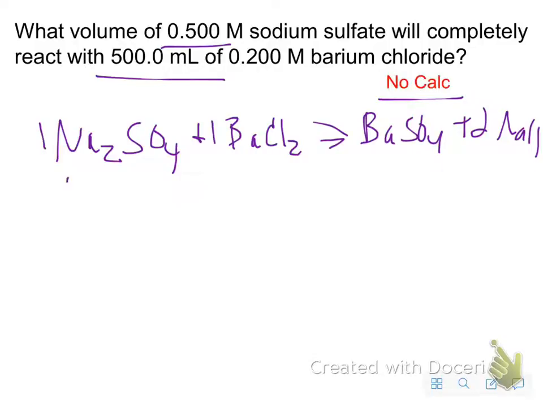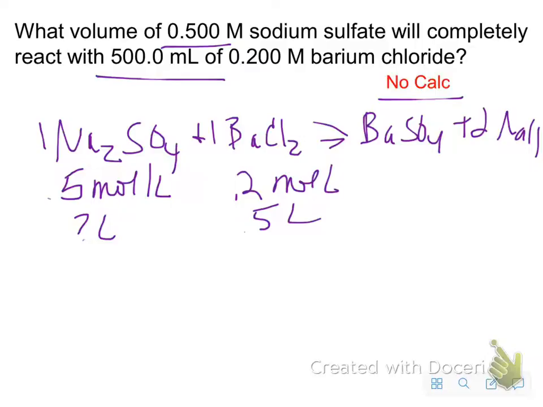So I'm just going to write I have 0.5 moles per liter, and I'm trying to find liters, right? And here I have 0.2 moles per liter, and I have 0.5 liters. Okay? So, if you remember, moles is molarity times liters.